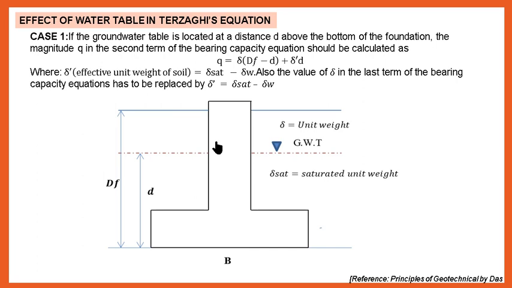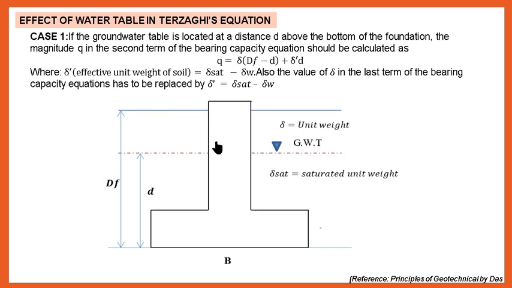So, if you use the general bearing capacity equation to solve for our ultimate bearing capacity, our water table has an effect. So, you cannot just substitute values into our equation. You need to identify the effect of the water table. So, we have three cases.